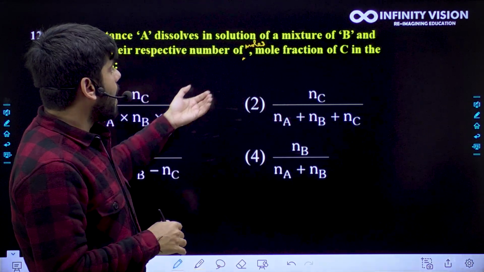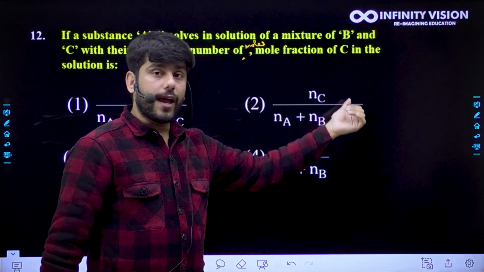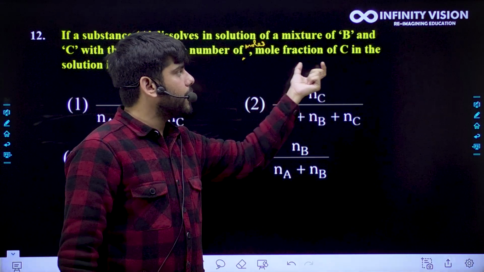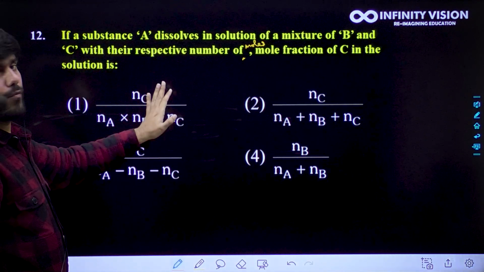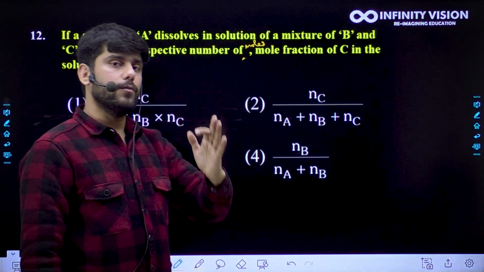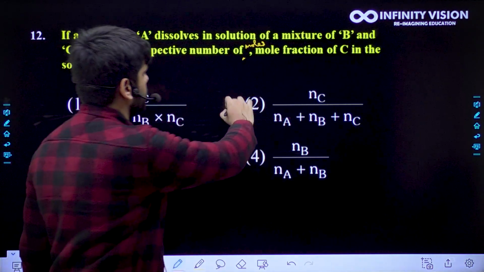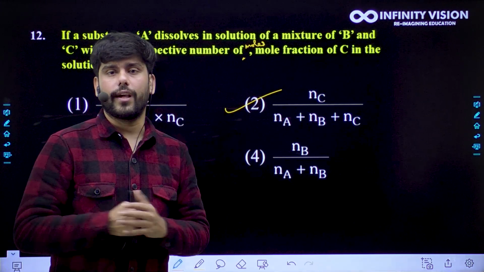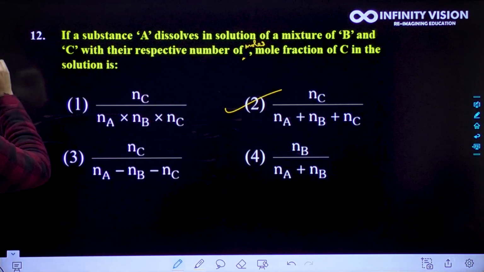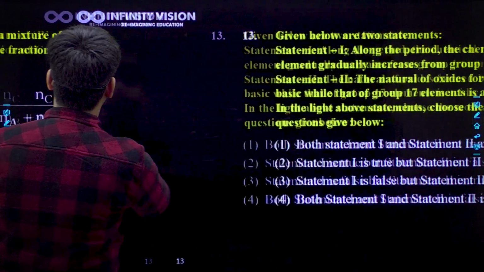So the mole fraction of C will be the moles of C divided by the total number of moles, that is moles of A plus moles of B plus moles of C. So going by that, the second option is the right answer. This is just the definition of mole fraction. Clear? Let us discuss the next question.